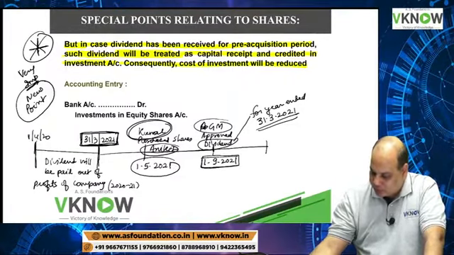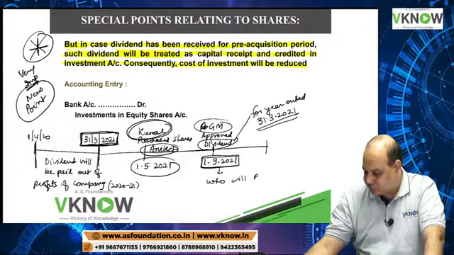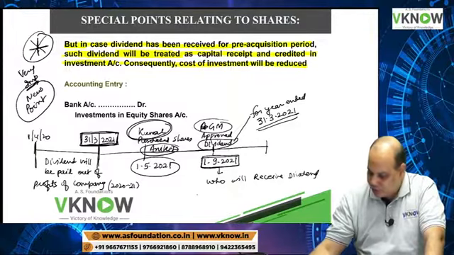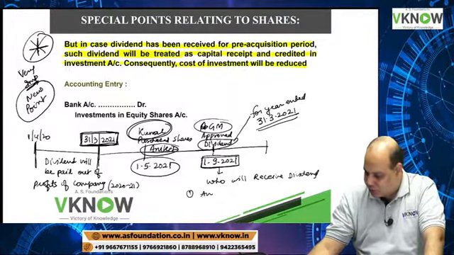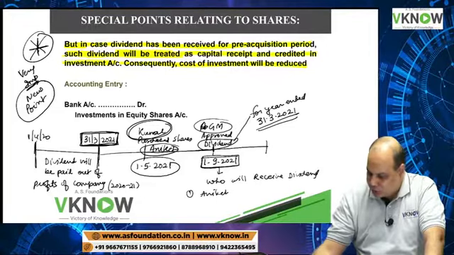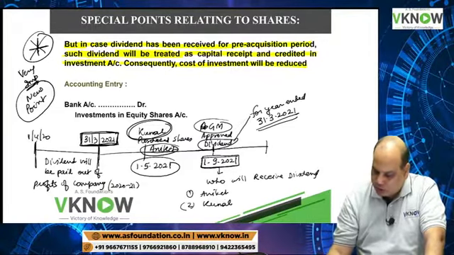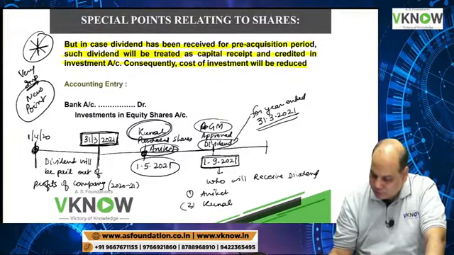on 1st September, who will receive the dividend? The previous shareholder, Aniket, or the current shareholder, Kunal? Kunal was holding shares from 1st May onward.